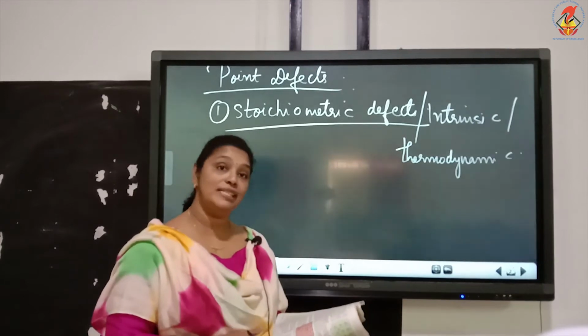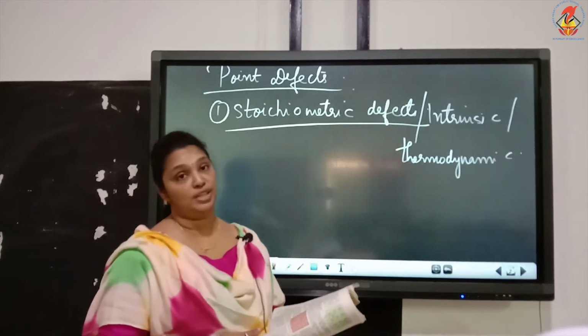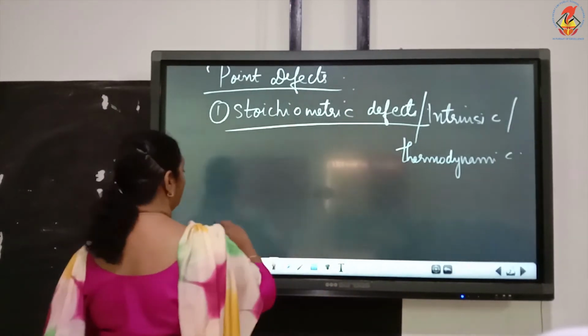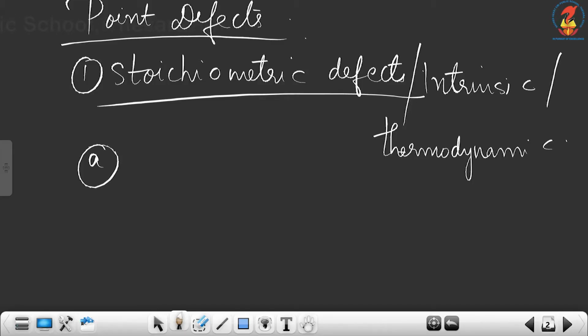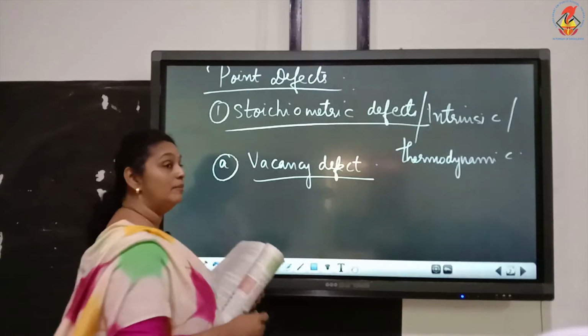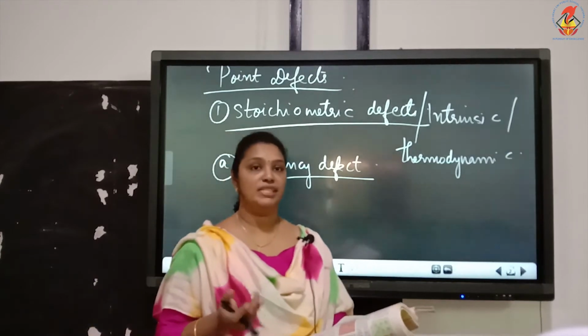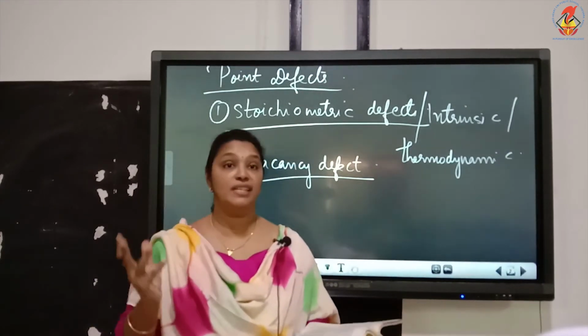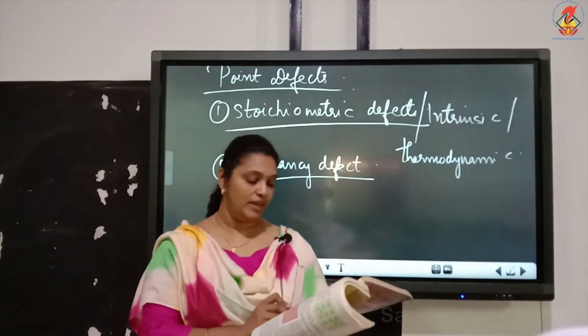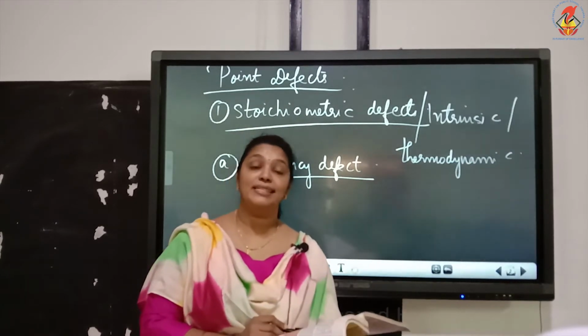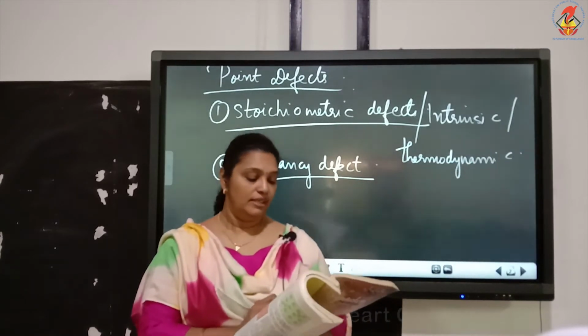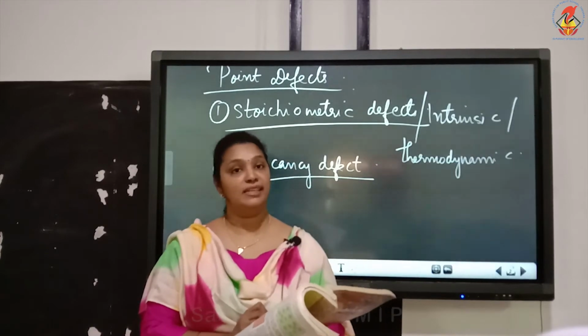They are vacancy defect and interstitial defect. The first one is called vacancy defect. Now, what do you mean by vacancy defect? From the name itself, something is vacant, something is missing. Vacancy defect means when some of the lattice sites are vacant, the crystal is said to have vacancy defect.